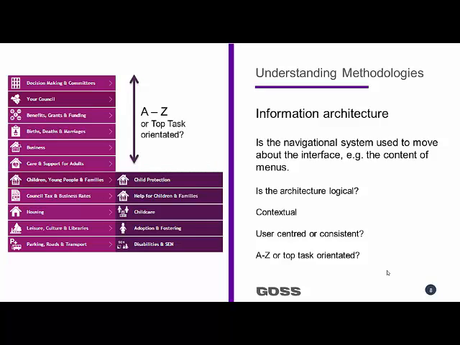Is it top task orientated or is it A to Z? And by this I mean, is the menu running from A to Z, or are you putting the most important tasks at the top? You might also want to consider separating menu items by category or by type. These are some of the things that you would consider when designing the information architecture.